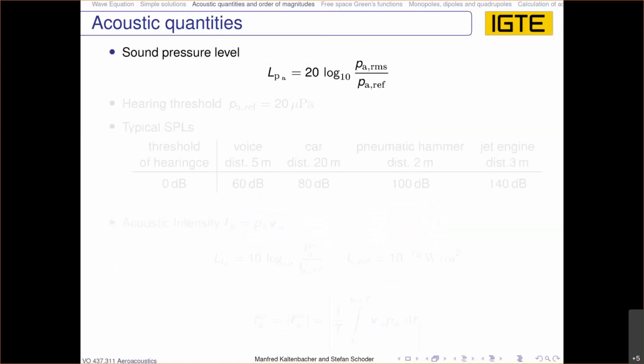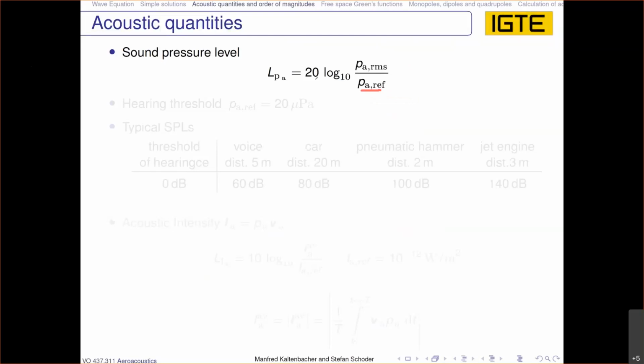We call this the sound pressure level. The sound pressure level, as shown here, is that you take your RMS value, scale it to a reference value, take the logarithm with base 10, and then multiply it by 20.